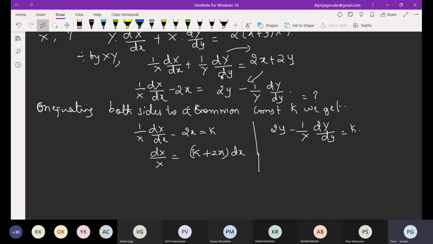Can you guess how I can get the value of capital X easily? What step is to be applied? Integration. Very good, this is the variable separable form. Apply integration. What is the integration of 1 by X with respect to x? Log X. Log X is equal to what is the integration of K with respect to x?